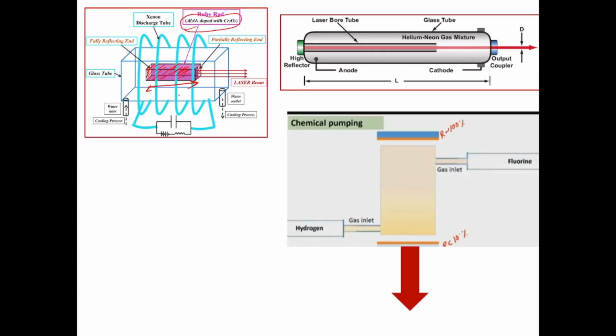Okay, this is your ruby laser system, this is your helium neon laser system, and this is your hydrogen fluoride laser system. Here you can see this is the cavity, the resonator cavity, or you can say the rod. This is the fully reflecting mirror, and this is the partially reflecting mirror.